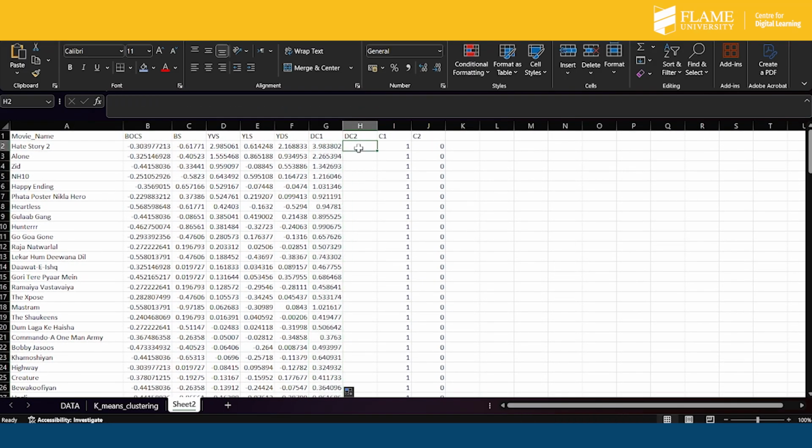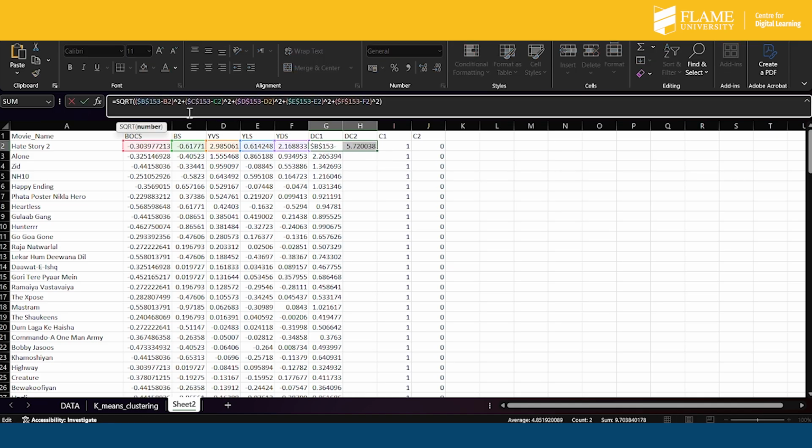Again, similarly, I can apply it for the second cell also. In this case, I have to just change to 54. These are the distances that can be easily calculated.